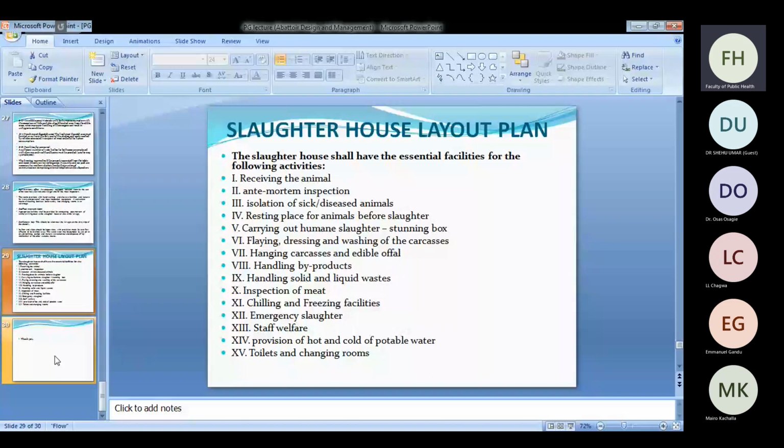Where do you handle solid and liquid waste? Tell me now. Do you understand the question? What are the sources of both solid and liquid waste in an abattoir? Where do we have them?